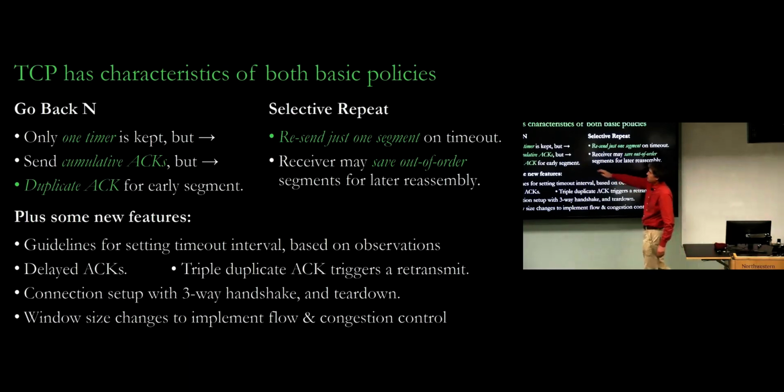Like go back N, it has cumulative acknowledgements, so the receiver can send an acknowledgement that acknowledges many packets, but unlike go back N, the receiver can save out of order packets and reassemble them later. That's a feature of selective repeat. That's pretty nice.